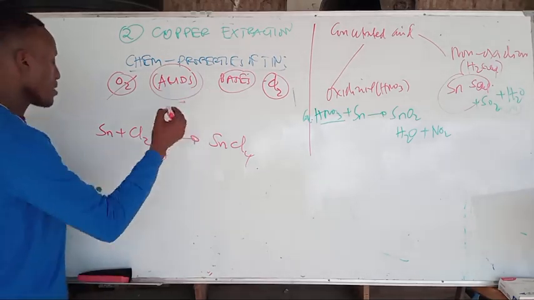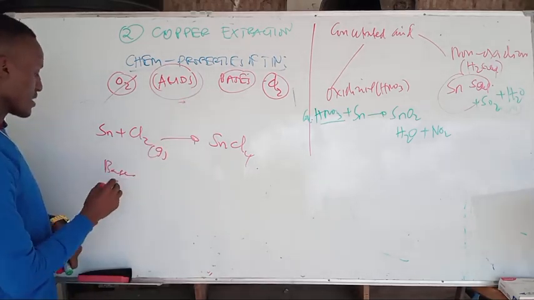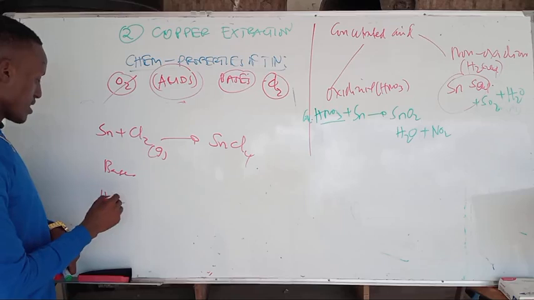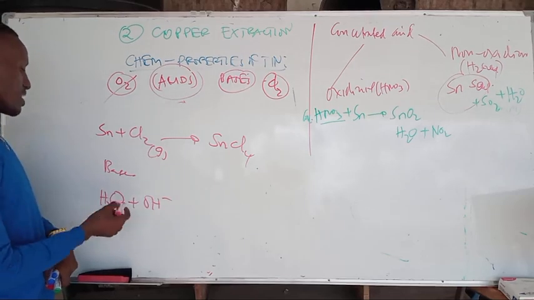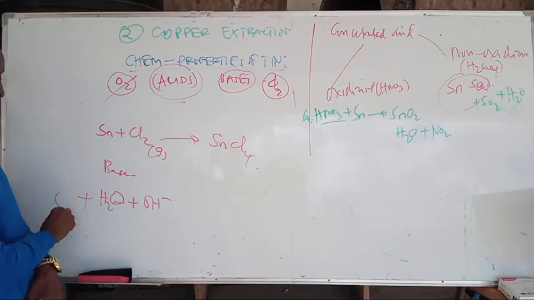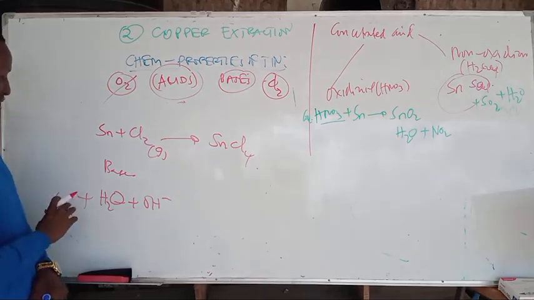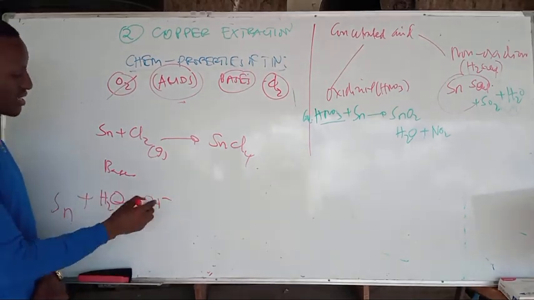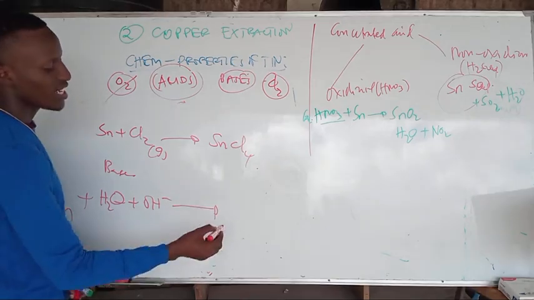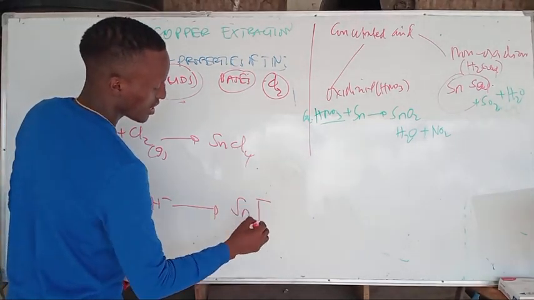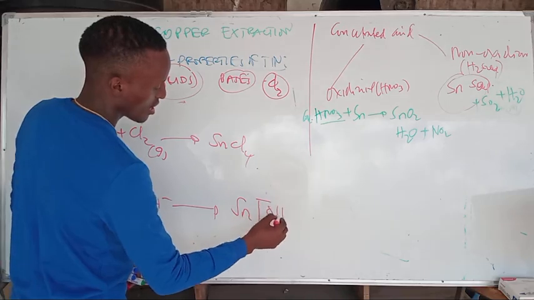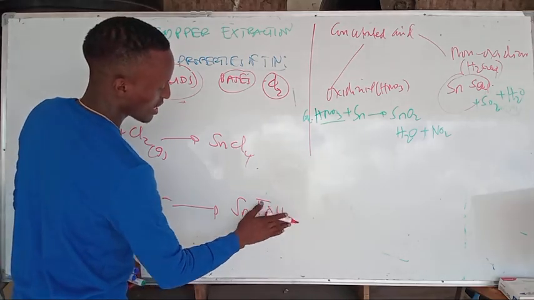But talking about the bases, how does it react with the base? With water, you plus the strong base, potassium hydroxide or sodium hydroxide, with tin. What happens here is tin turns into a complex.